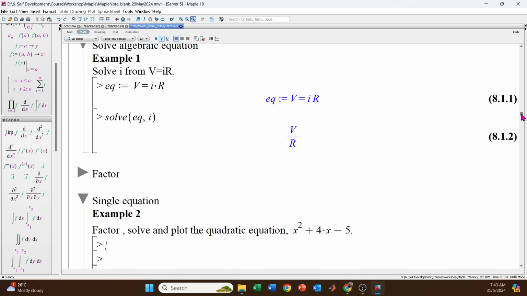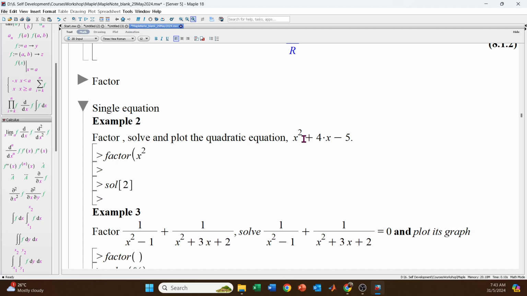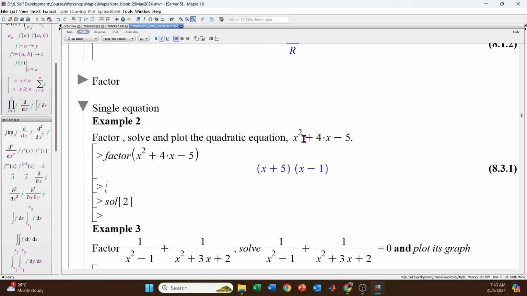Okay, and if you want to solve a single equation, for example, we'll factor it out. This is a quadratic equation. You can factor. And then after I factor, if I want to plot, okay, this is a plot.